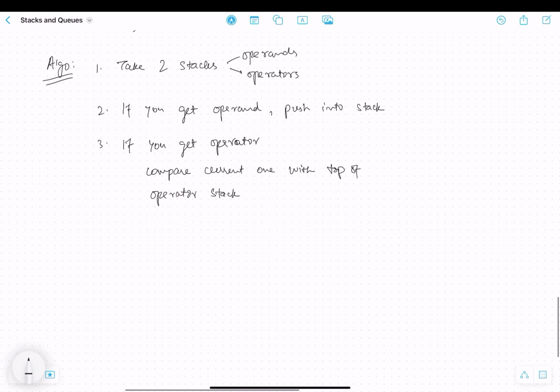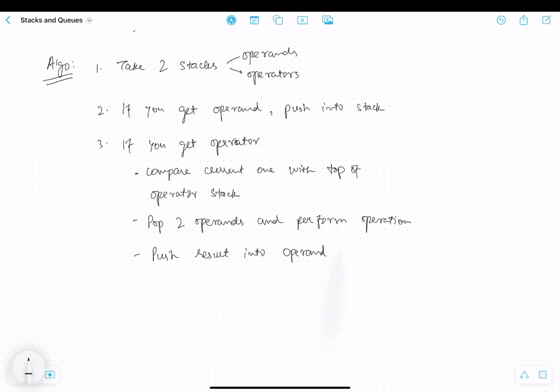When you have to execute, first do the comparison, then pop two operands, perform the operation, and push the result into the operand stack. Then you can push the operator which you have not used, the lower precedence one, into its stack.